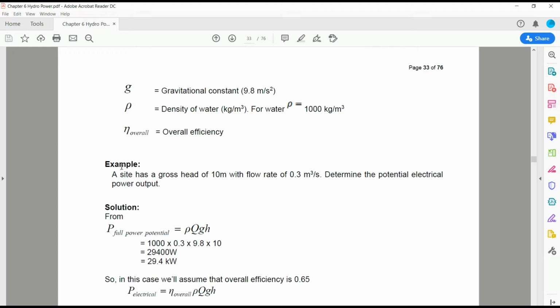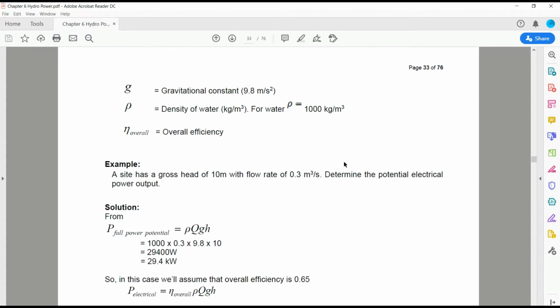For example, a site has a gross head of 10 meter with a flow rate of 0.3 cubic meter per second. Determine the potential electrical power output. So solution.